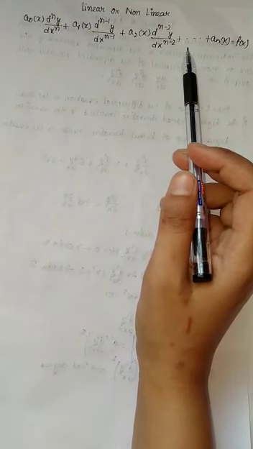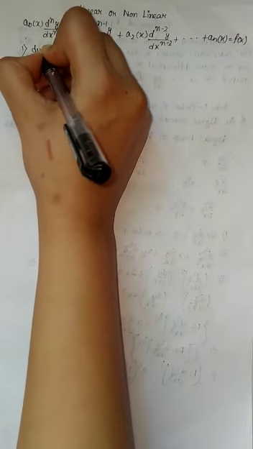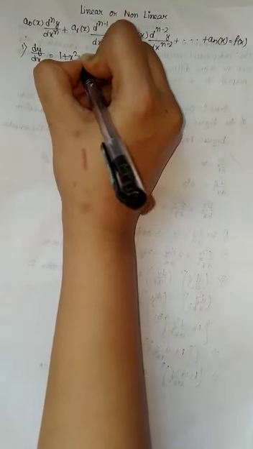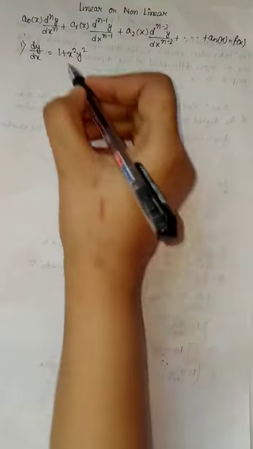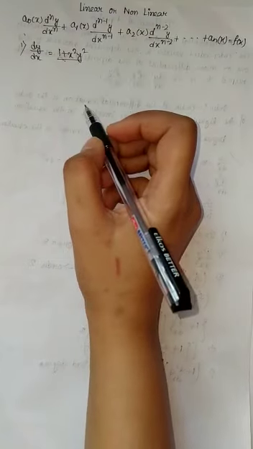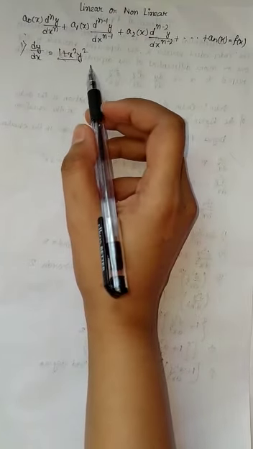Let us consider the following examples. Number 1, dy/dx equals 1 plus x square y square. Now see the term on the right side, 1 plus x square y square is not a function of x only, it also involves y as well. So it is nonlinear.